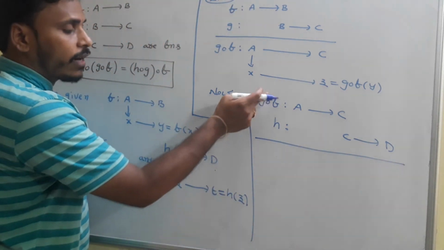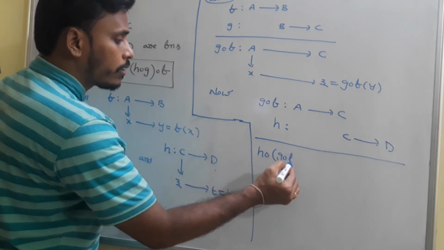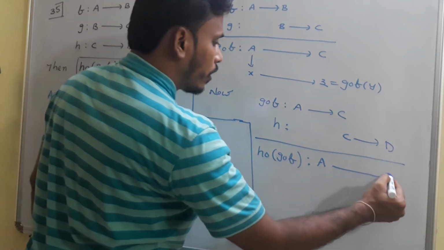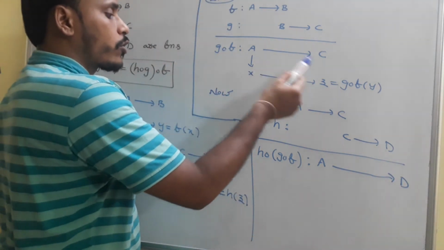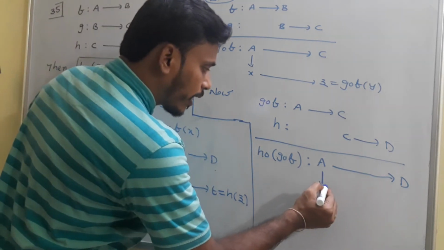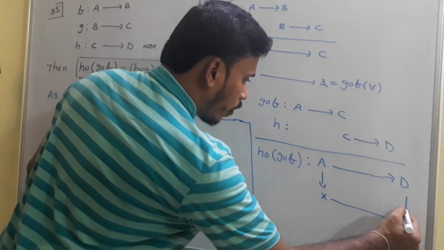So h circle of the first function, g circle f, is now from A to D. Again, by the rule of composition, g circle f connects x to z and h connects z to t, and that's why it connects an element x of A to an element t of D.